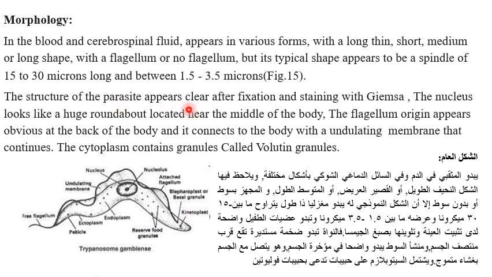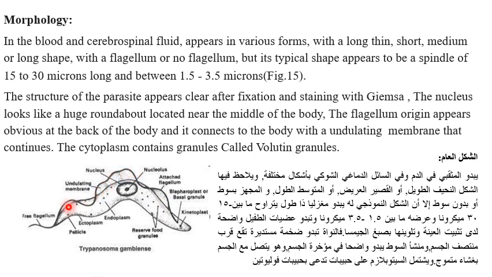The structure of the parasite appears clear after fixation and staining with Giemsa. The nucleus looks like a huge round body located near the middle of the body. The flagellum origin appears obvious at the back of the body, and it connects to the body with an undulating membrane.